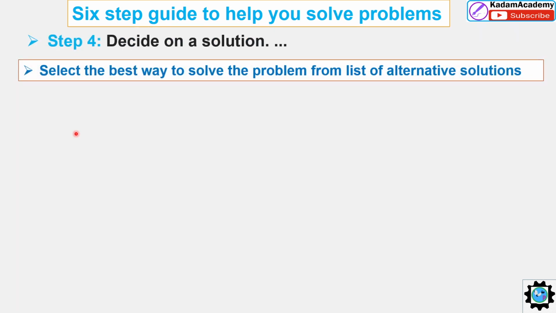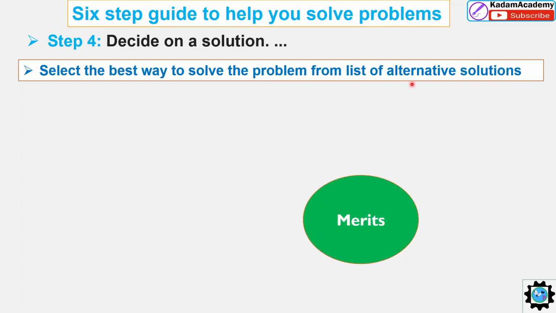That is step number 4. What is the step? Here, you have to decide on a solution. Select the best way to solve the problem from a list of alternative solutions. In step 3, you have defined the solutions. Now you have to select the best way to solve the problem.